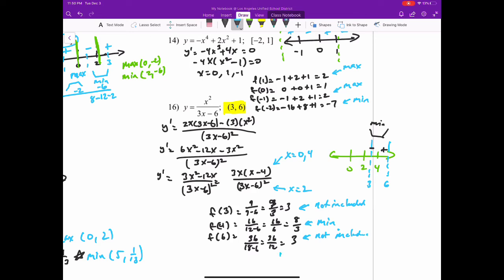So our minimum is when x equals 4 and my y is equal to 8 over 3. And we have no absolute maximums. Sorry, this is also absolute. That's so terrible. Absolute minimum.